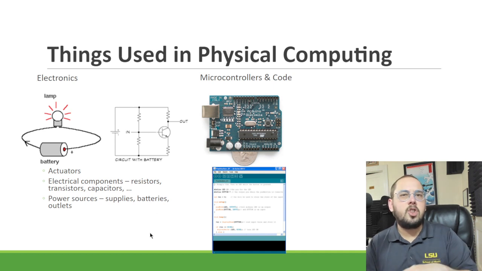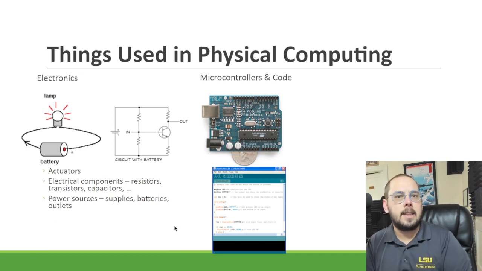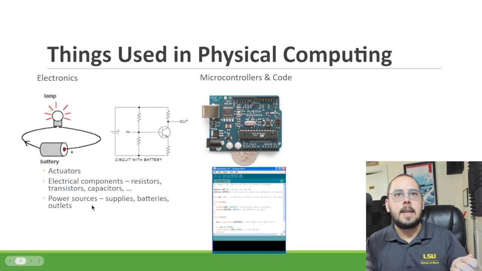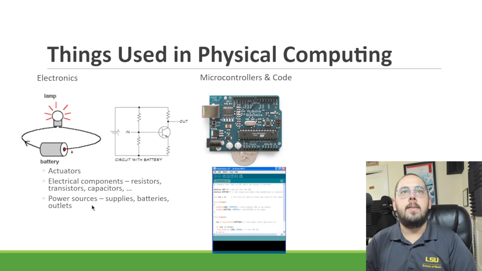But we'll give a general overview and talk about the most common things throughout here. Believe it or not, you need electricity to make this electrical circuit work, so also power sources. Most of the time for this class, you'll use the USB connection from the Arduino to your computer, but you could hook up batteries or a power outlet with a wall wart and things like that.